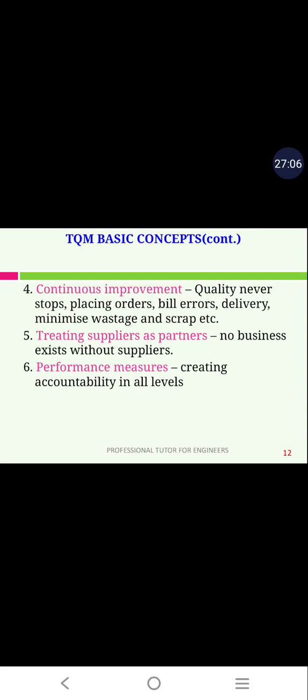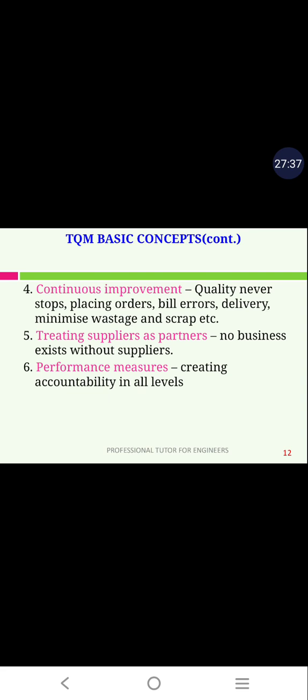If the supplier is supplying very good quality product only, there won't be any issues. So the suppliers also need to be involved in total quality management. They also have to give good quality products, so then only the entire product will work smoothly.